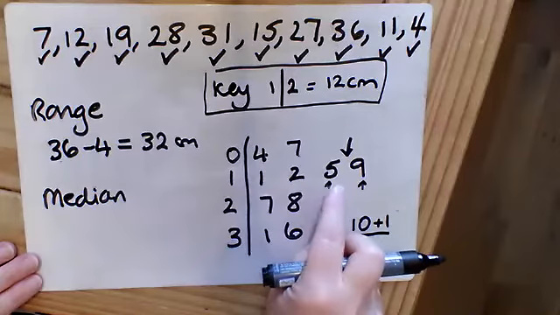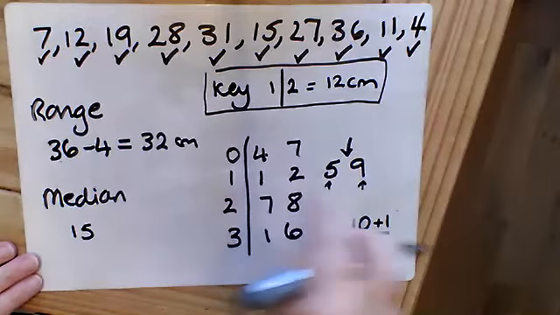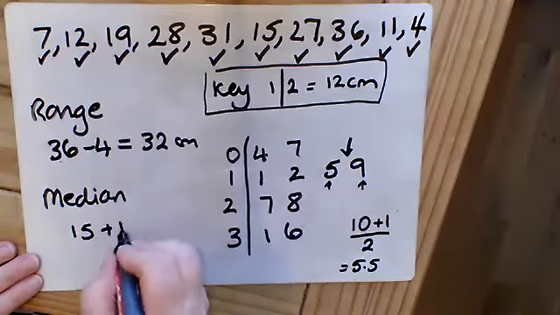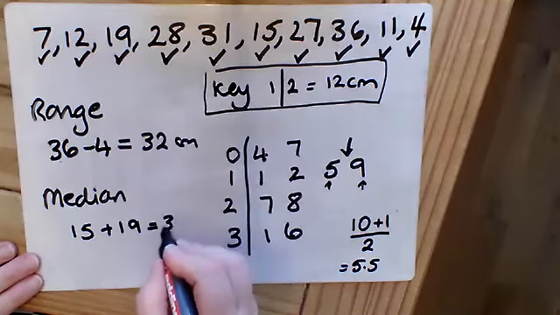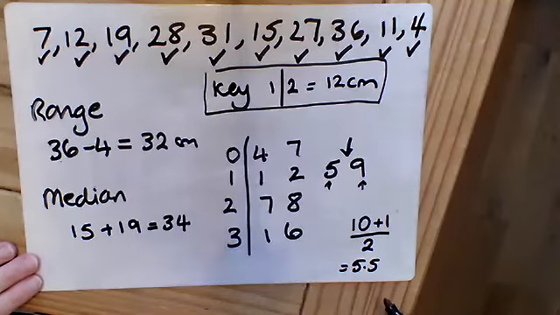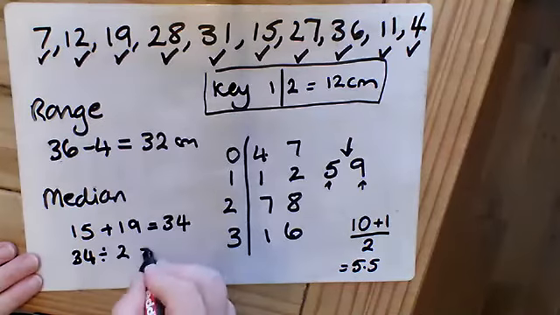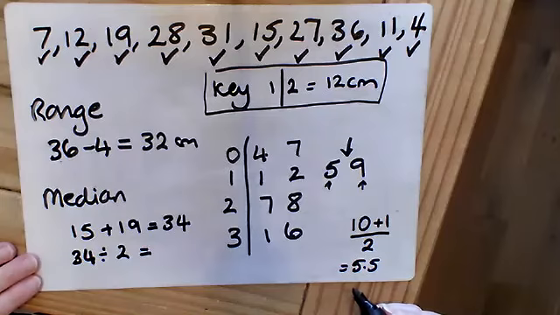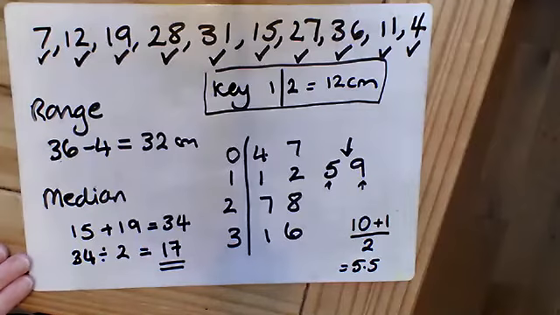So this is not a 5, this is 15. So 15, if I add 19 to 15, I get 34. Now, if I divide that by 2, that will tell me the piece of data that is in the middle. So the middle piece of data is 17. So the median average for this set of data is 17.